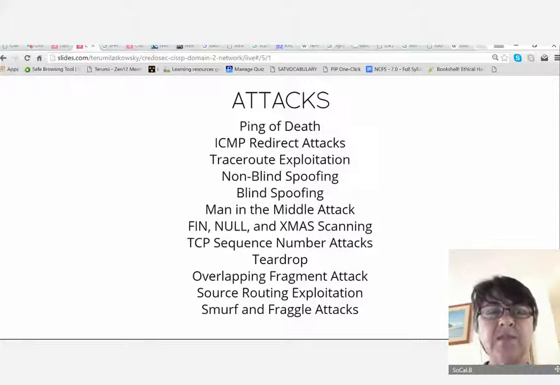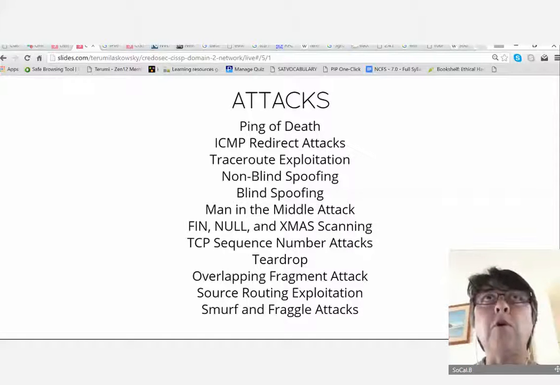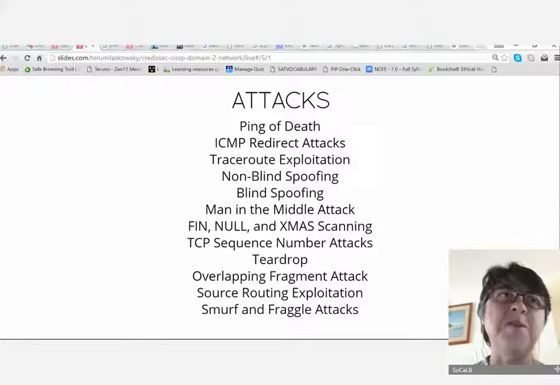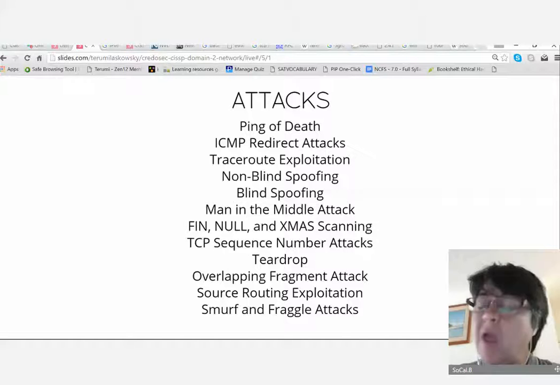It is a scanning technique. Actually, these are stealthy scanning techniques, so that whoever's watching out for scanning activities will miss it. Nowadays they won't miss it because they understand these things happen. But these things are there. If people are not looking, it may work.